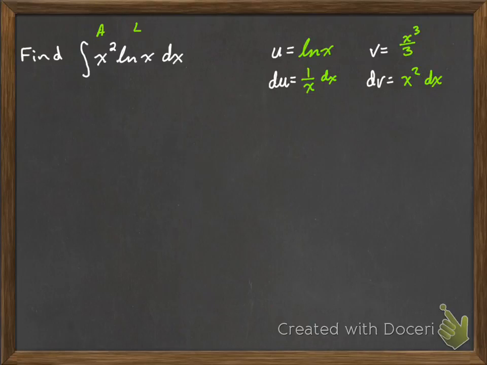Substituting everything into our formula, u times v gives us x cubed over 3 ln x, that's the u times the v, minus the integral of v du.